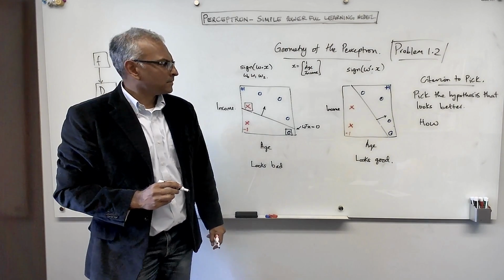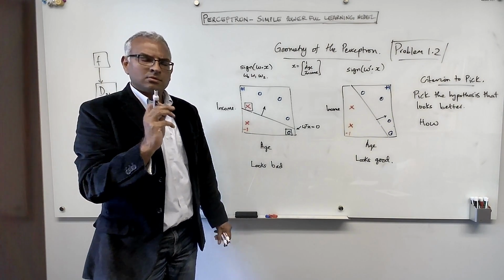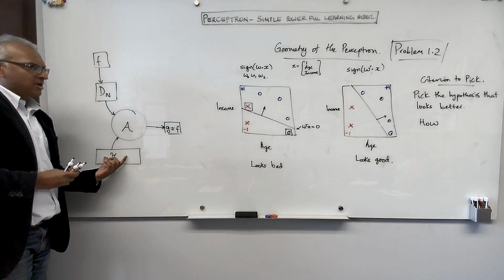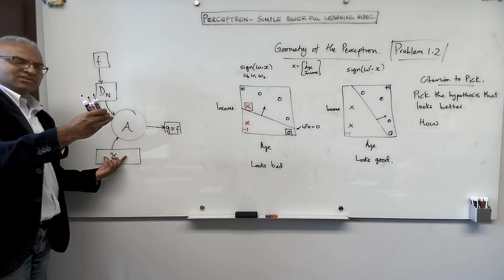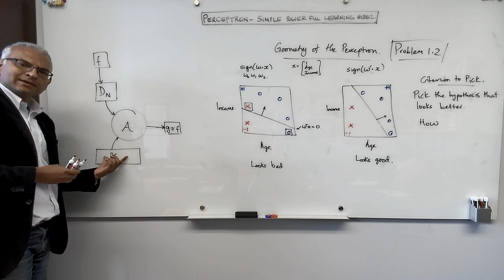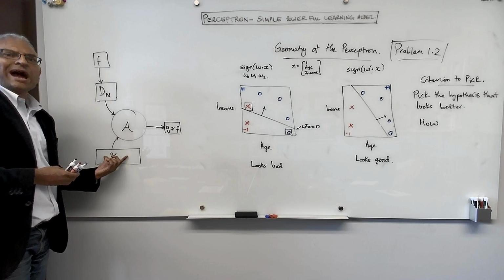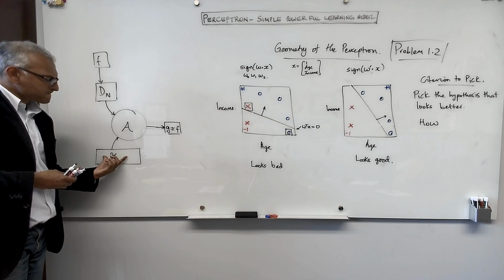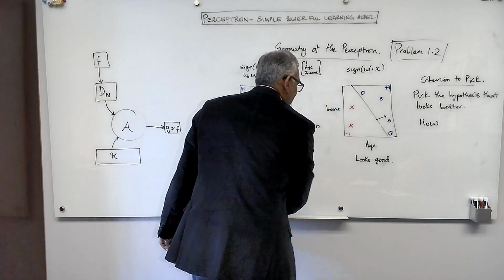Okay. So those are the 2 goals that remain. So we have a hypothesis set. We have identified a criterion by which we're going to pick, and now we need to identify how to do it. We need to give you a way of doing it. Okay. So let's address the how.